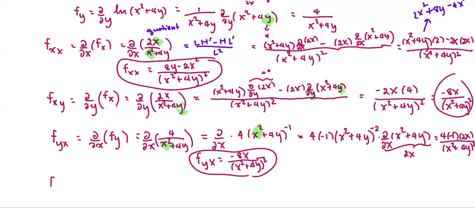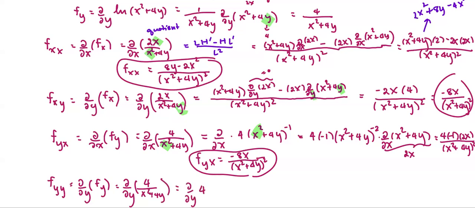And the last one, f_yy, or the partial with respect to y of the partial with respect to y. I'm going to use the same technique by rewriting in the form of 4 times the quantity x squared plus 4y to the power negative 1, and then treat y as the variable, the rest as a constant term.